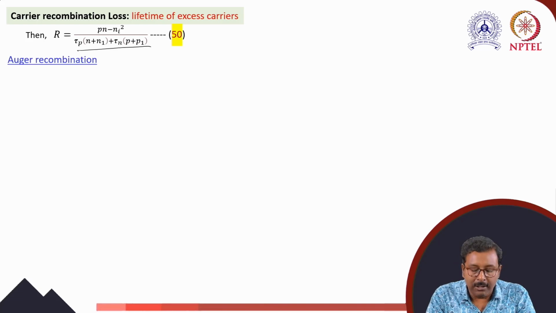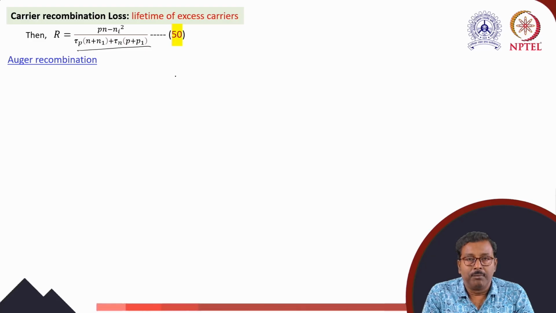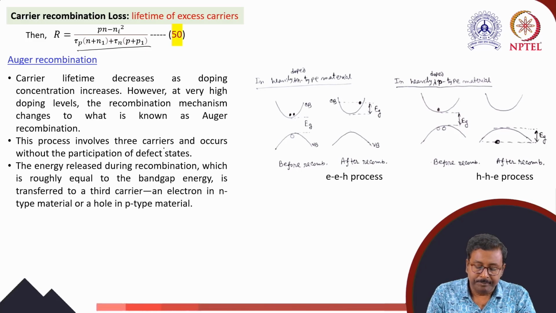Now the Auger recombination, which is the third kind of recombination in a semiconductor material. Auger recombination is mainly possible for highly doped semiconductors, mainly occurring in direct band gap semiconductors.